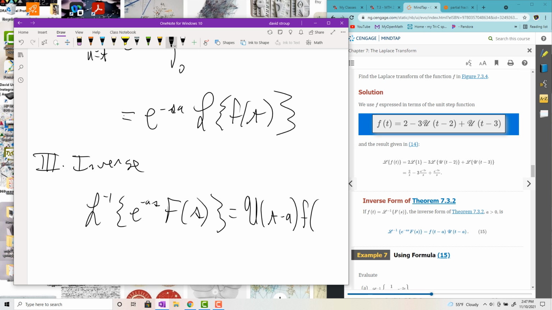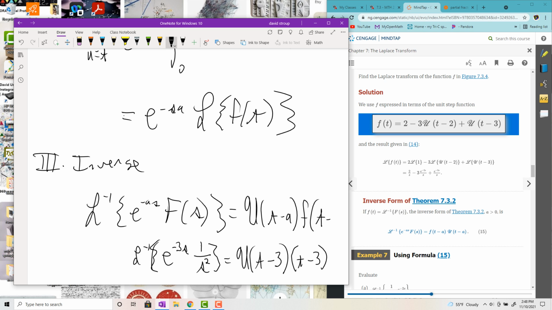So if you had, for example, Laplace inverse of e to the negative 3s times 1 over s, this would be u of t minus 3 times the Laplace inverse of 1 over s. Well, let's make it a little harder: 1 over s squared would just be t, but because we have to translate it, it's going to be t minus 3. So it's a bit weird, and it'll take a bit getting used to, but there's the formulas.